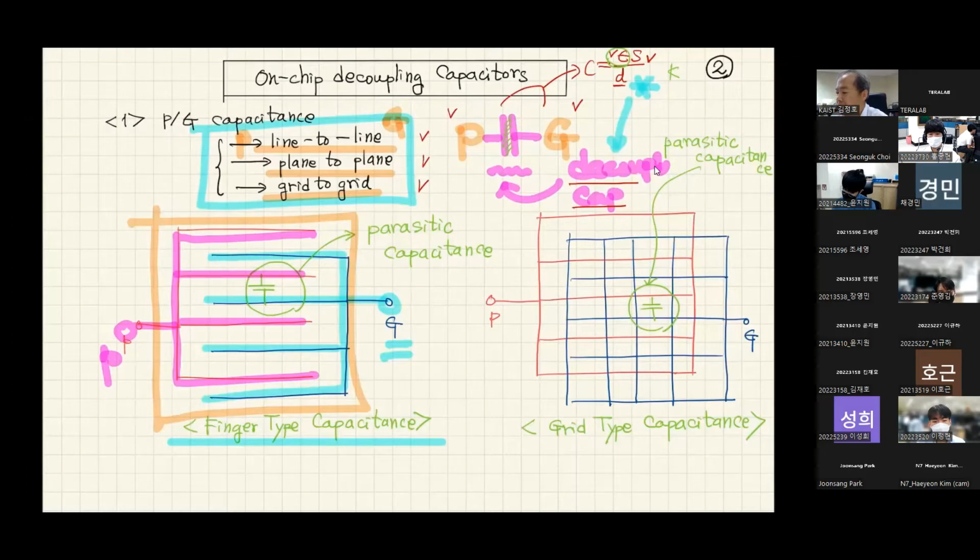Eventually, this ground will be connected to chassis or external ground. In this finger type configuration, power metal and ground metal will face each other. So we're going to have some distributed type capacitance. This is a little bit unintentional parasitic capacitance, but that will constitute a decoupling capacitor.